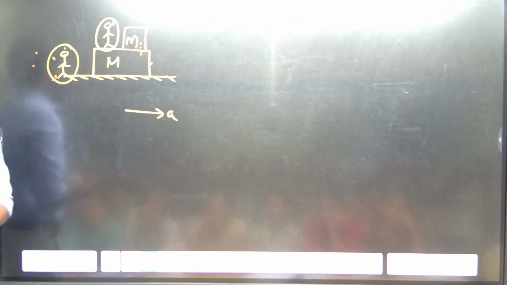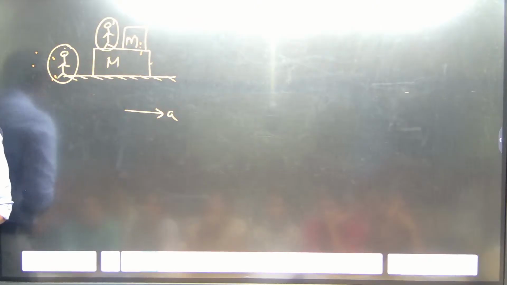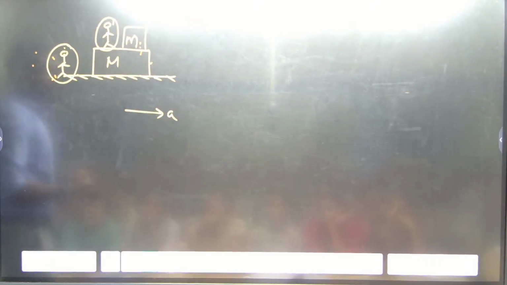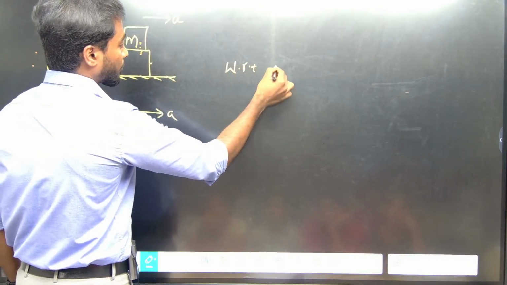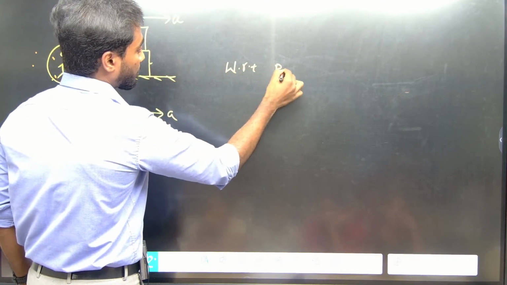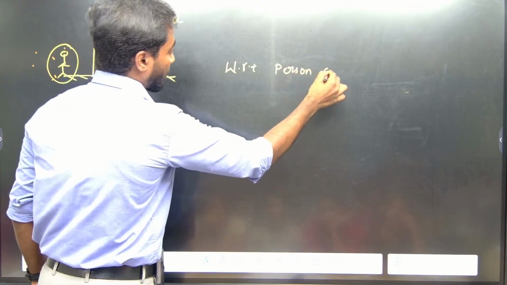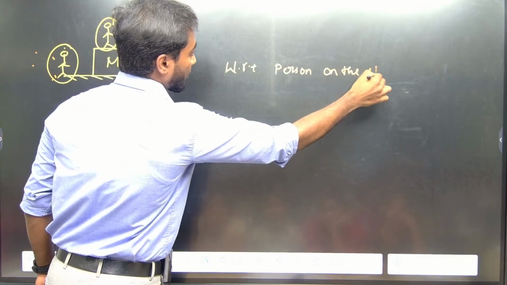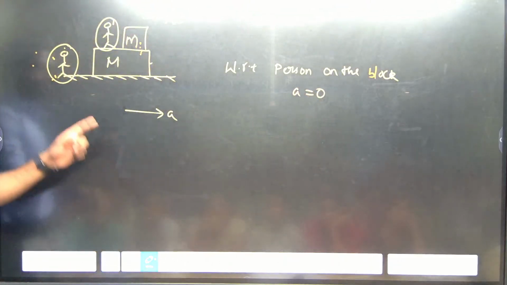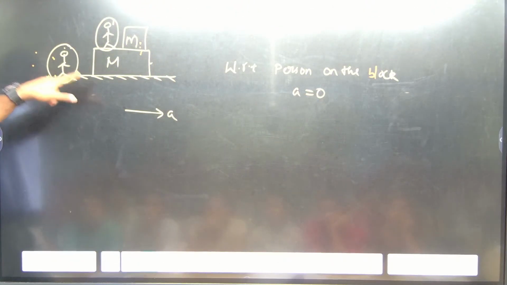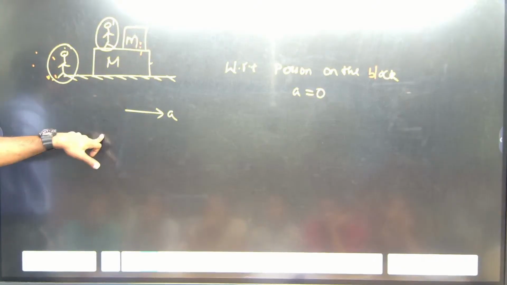It is 0. With respect to the person on the block, a will be equal to 0. For a person on the ground, acceleration will be a only.